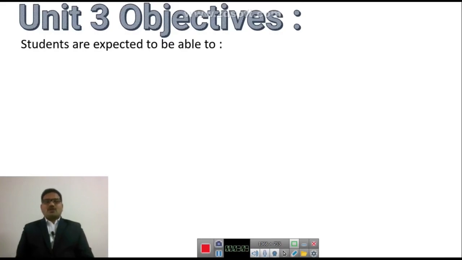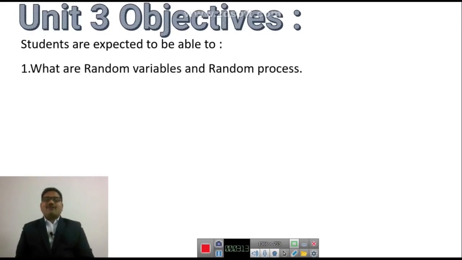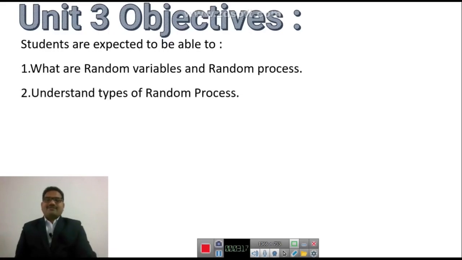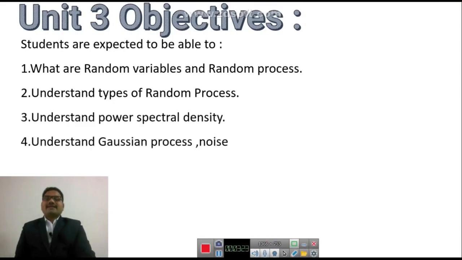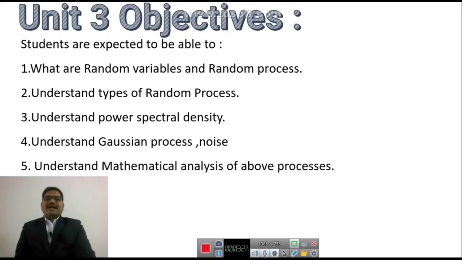Students are expected to be able to understand what are random variables, what are random processes, understand types of random process, what is power spectral density, and what is Gaussian process and noise, and then mathematical analysis of random processes, CDF, PDF, power spectral density, etc.